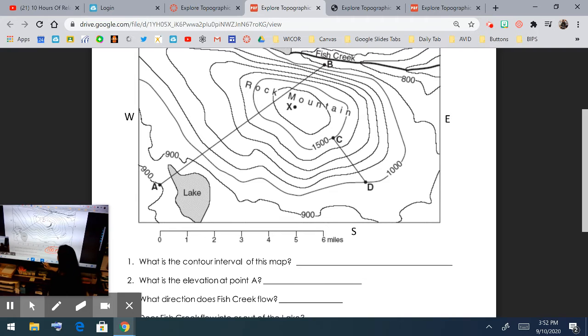So keep that in mind. Sometimes, y'all, what they will do is they will write a number. So like they'll write 1,656, and I'll know that that peak is 1,656, which makes sense because if this is 1,600, it's more than 1,600, but less than 1,700. So that's another little tip.